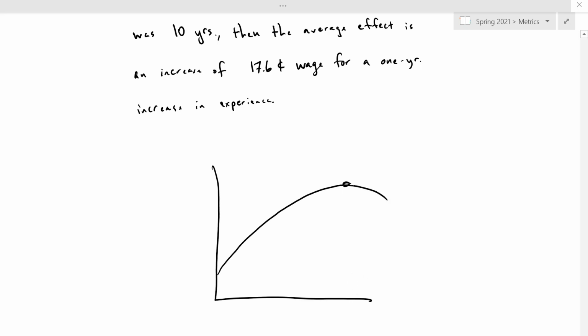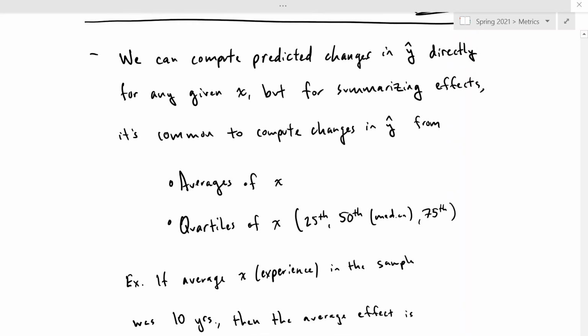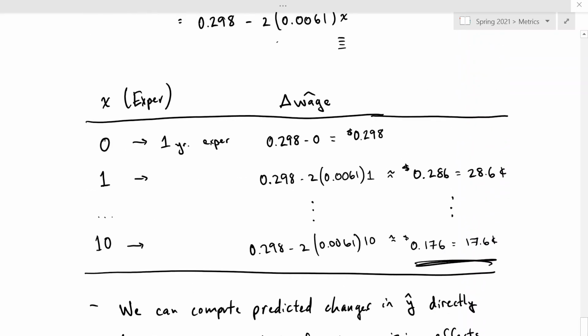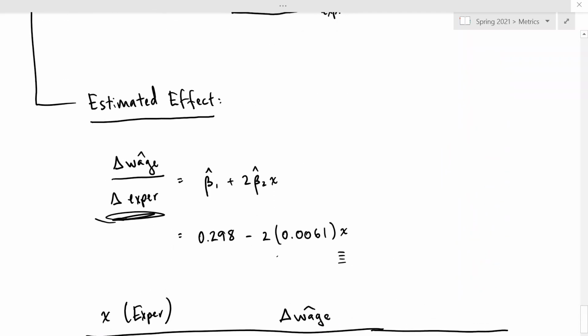Then you could start to look at optimizing policies or business practices. So in any case, that is how we deal with squared terms and their slightly special interpretation of the marginal effect of experience on wage.